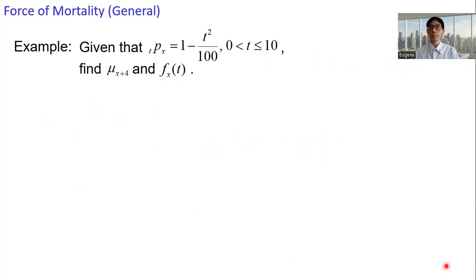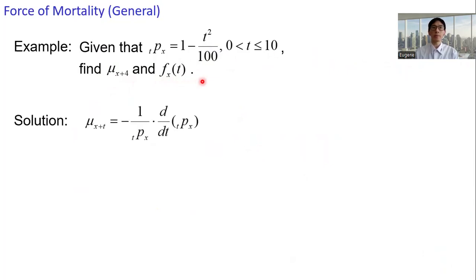The first one, given that tpx equals 1 minus t squared over 100, we need to find the force of mortality at age x plus 4 and the density function fx. All right, given tpx, to get the force of mortality, mu x plus t, this is the required expression.